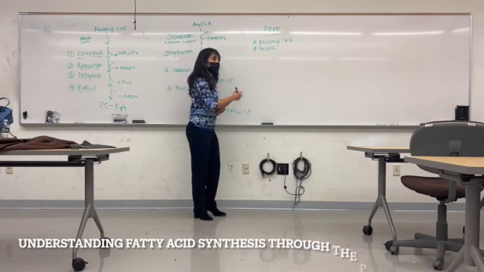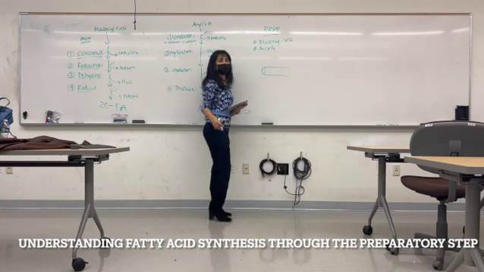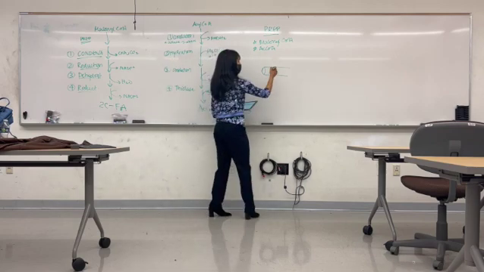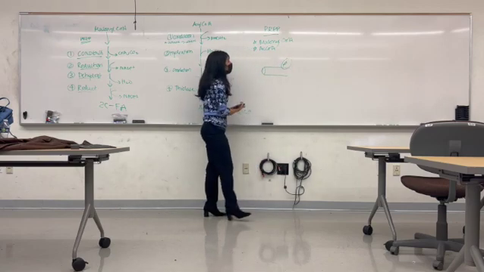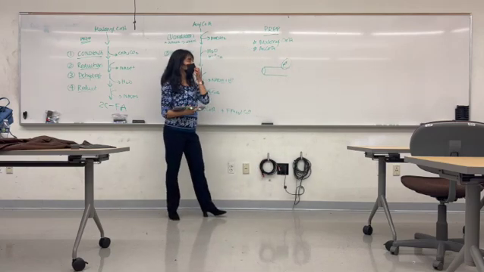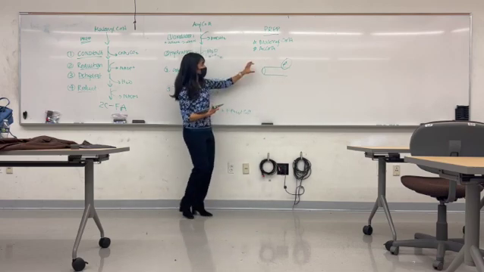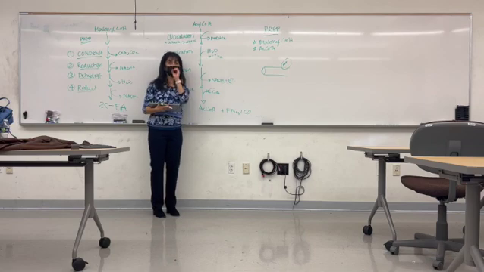So, if this is my FAS, fatty acid synthesis 1, the enzyme, and this is my ACP. In the preparatory step, you just have this thing sitting here. Remember, you can't start from 5, you need to start at 0.